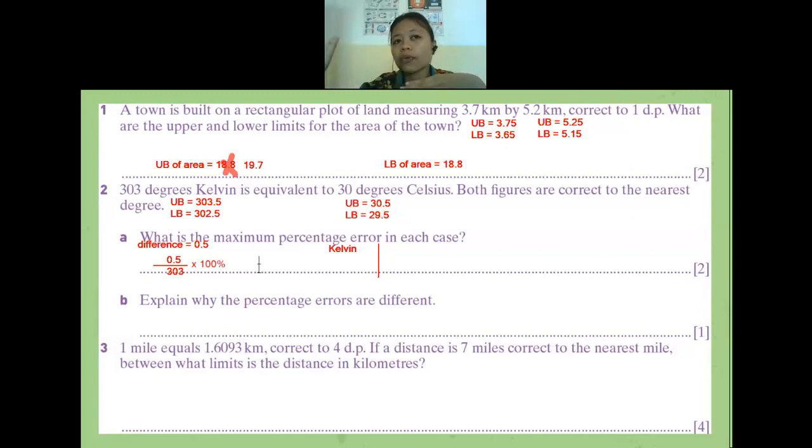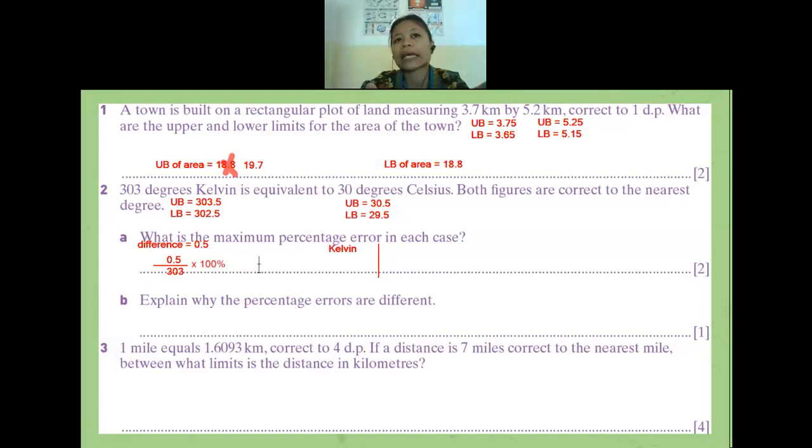5% times 150 equals 7.5. So the upper bound will be 150 plus 7.5, which equals 157.5. And for the lower bound, I need to subtract 7.5 from 150, which equals 142.5 centimeters.